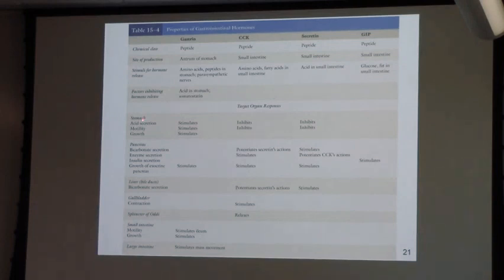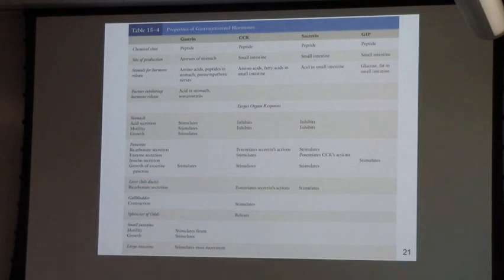What does it do? Well, it stimulates acid secretion. We've been talking about that. That's a Gq story. It stimulates motility. It gets those smooth muscles churning. That's also a Gq story. It stimulates growth of the stomach. Well, we're pretty much steady state. I suppose as an infant, the stomach needs to grow, and gastrin is part of that response.